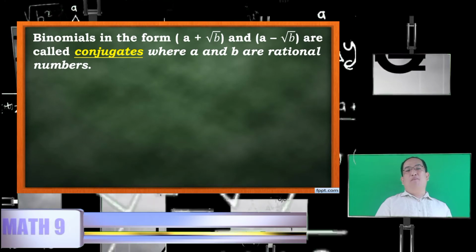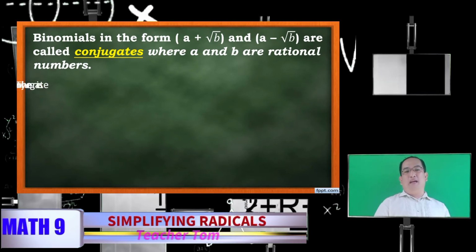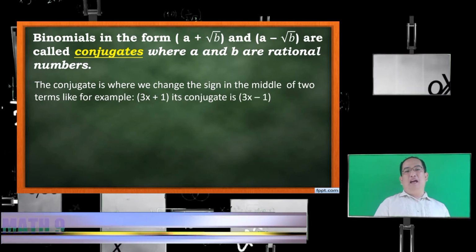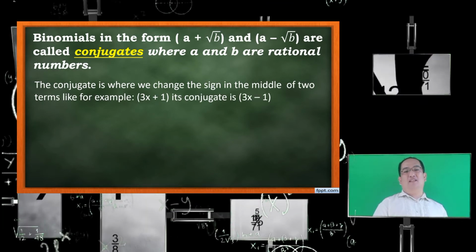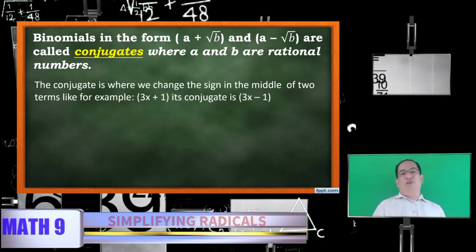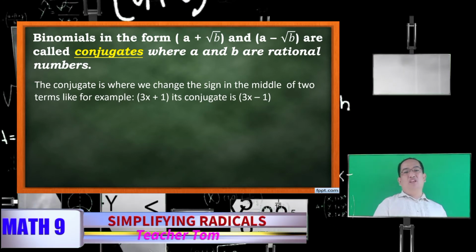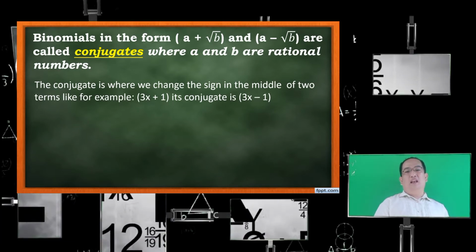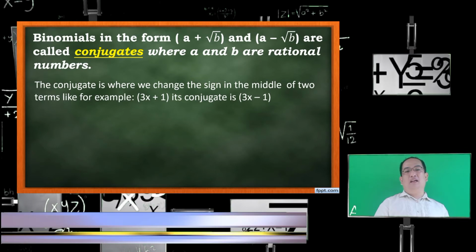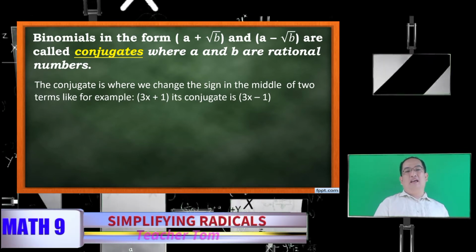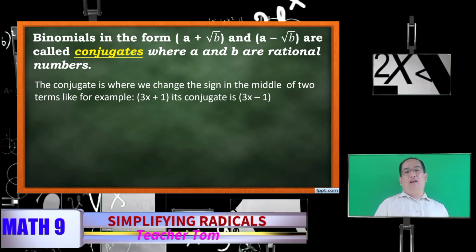Binomials of the form a plus square root of b and a minus square root of b are called conjugates, where a and b are rational numbers. The conjugate is where we change the sign of the middle of the terms. For example, the quantity 3x plus 1, its conjugate is 3x minus 1.